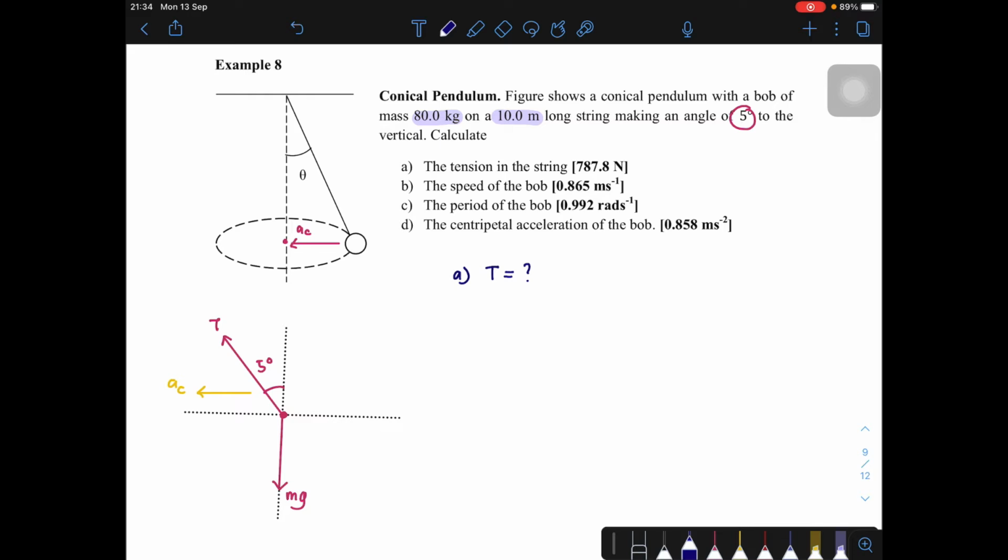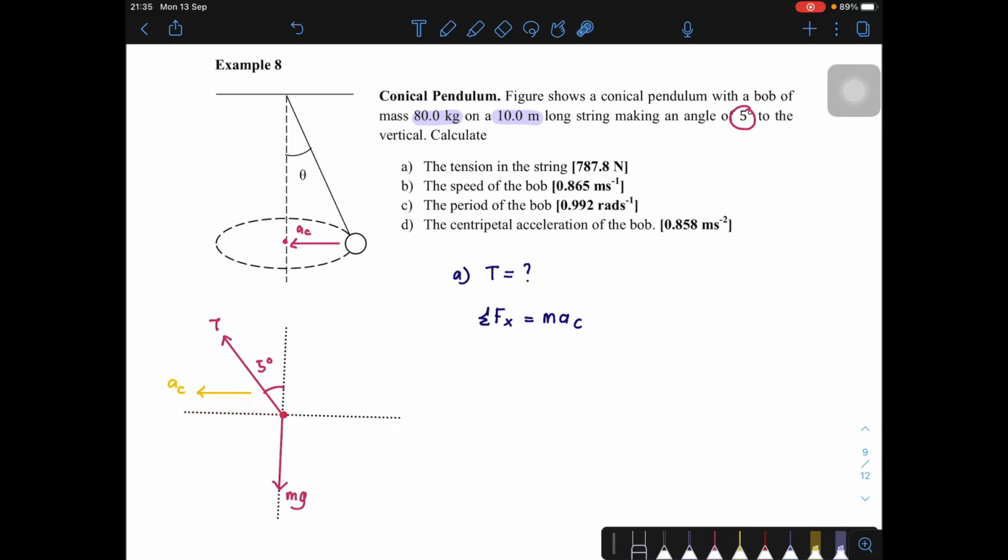Okay, so how we find this tension? Since kita ada dekat x-axis dan y-axis, kita boleh keluarkan dahulu and then later we decide which one is easier. So kita keluarkan dahulu x-axis. So the sum of Fx is equal to, since dekat x-axis kita ada acceleration, so dia akan equal to mac, di mana dekat x-axis kita hanya ada tension saja.